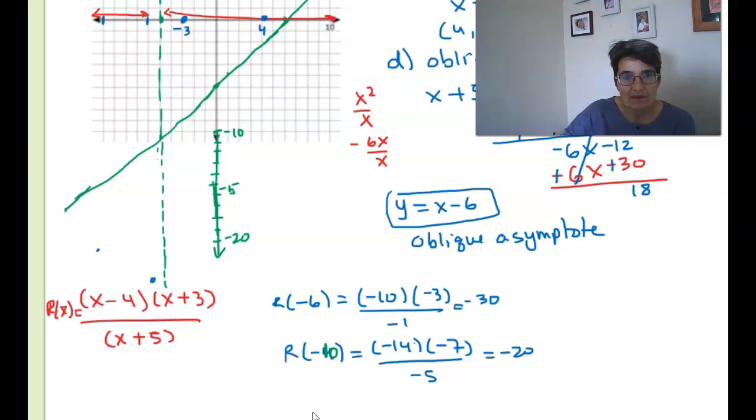So that gives me about -20, which we're here. Okay? So what's happening here is something like this. Alright? So this is off the scale. This is basically going to go down here, and this part is going to get close to the vertical asymptote on this side.